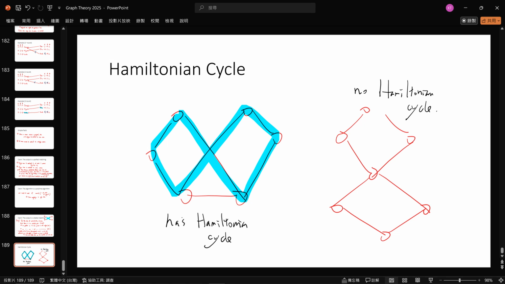So the task is to find a Hamiltonian cycle or decide whether there's a Hamiltonian cycle or not, because for some graphs there's no Hamiltonian cycle.